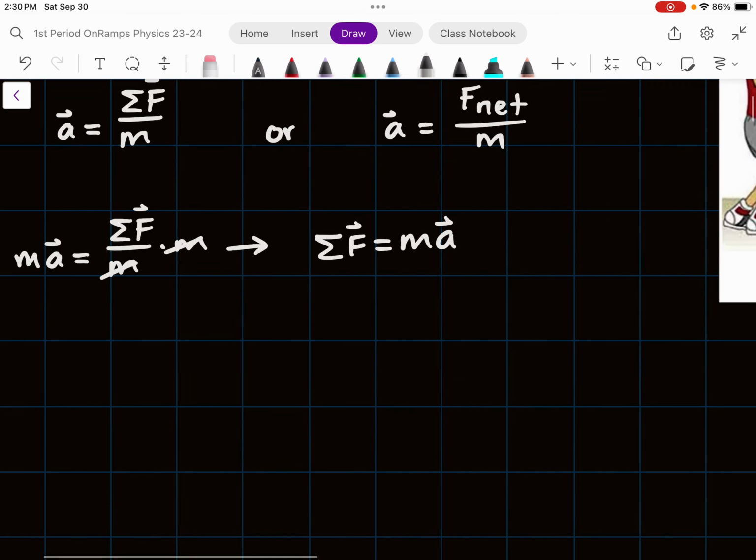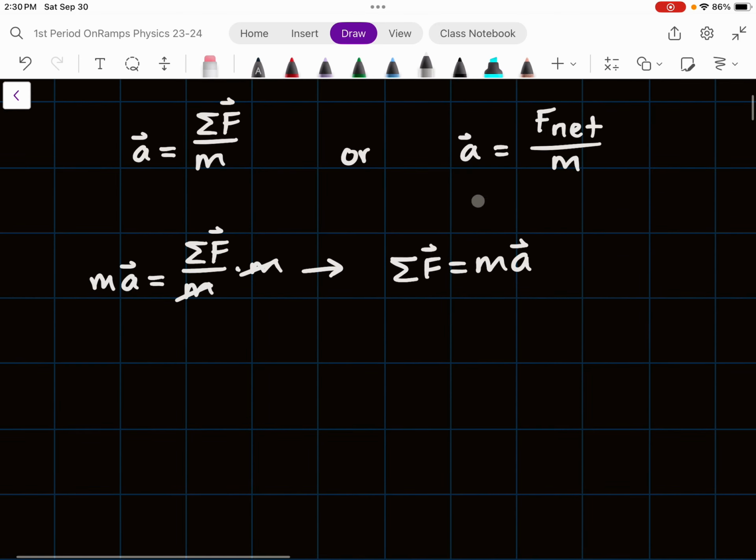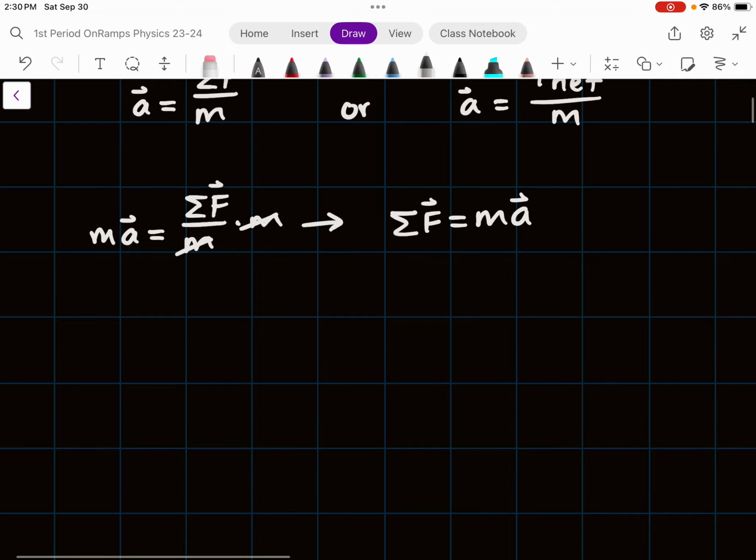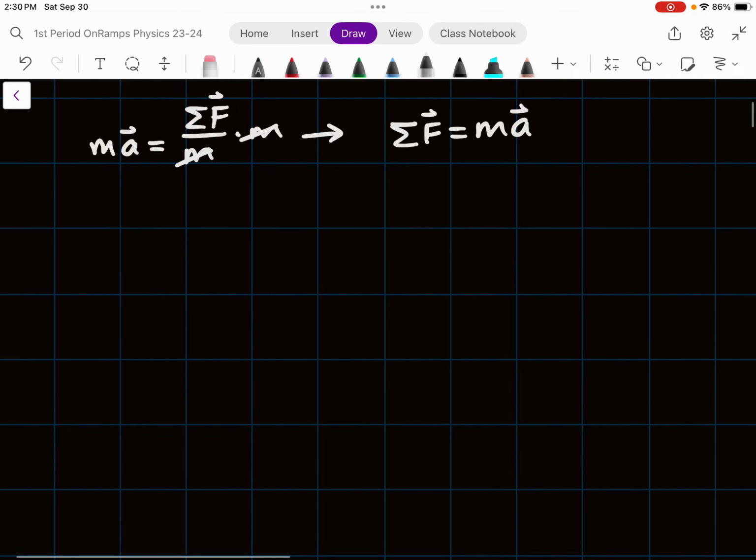Okay. So now let's think about the implications mathematically of what that means. Well, the first one is force and acceleration are directly proportional.